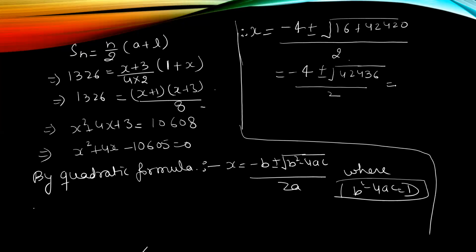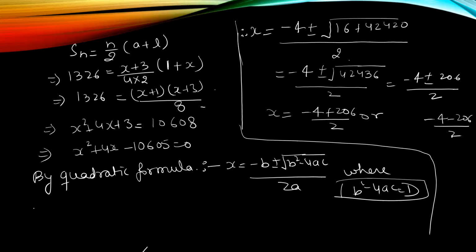If you take the root of 42436, you will get minus 4 plus minus 206 upon 2. So the values of x will be (minus 4 plus 206) upon 2, or (minus 4 minus 206) upon 2.